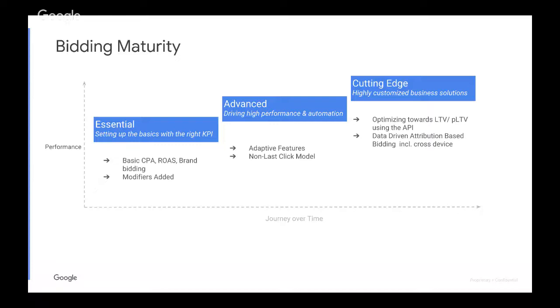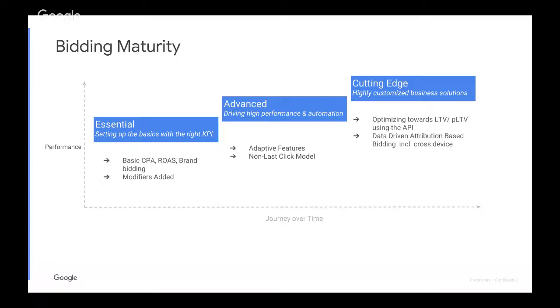So essentially setting up the basics, getting the right KPIs, and understanding what it is that you are actually trying to achieve. Now, these are great out-of-the-box solutions. They work perfectly, as Damien was talking about, with portfolio bidding and getting the most out of your bid strategies. So whether it's a conversion-based CPA, revenue-based ROAS, or your standard branding bid strategies for position and making sure that you're front of mind for your users.